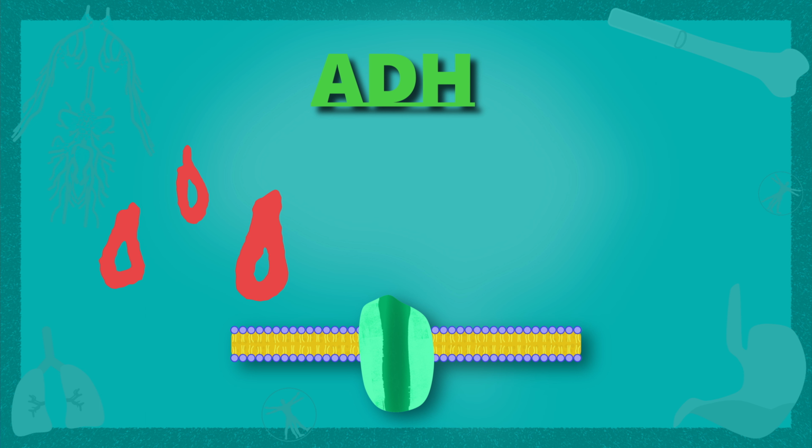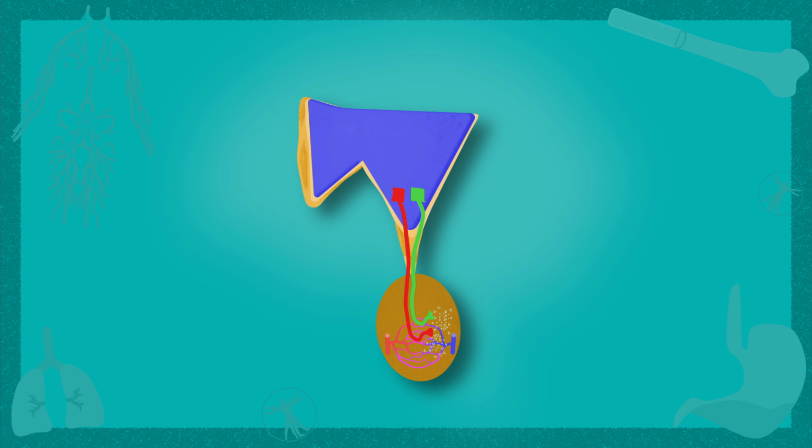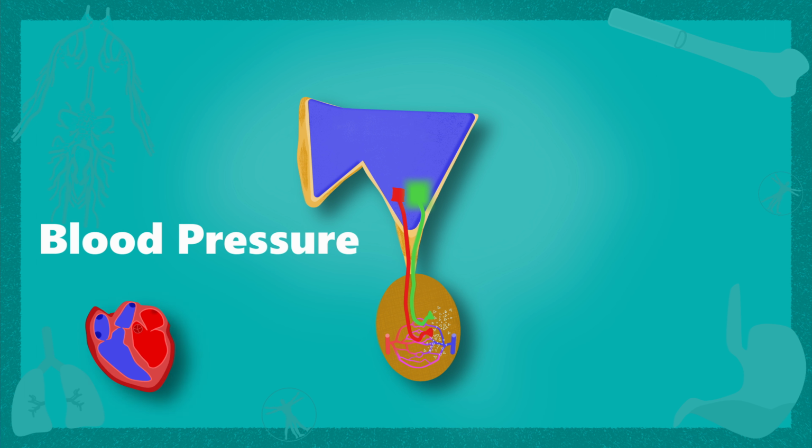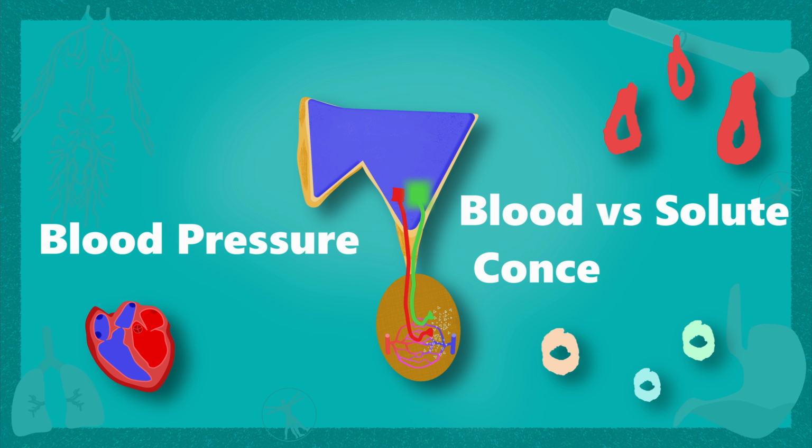ADH is responsible for regulating blood pressure and blood solute concentration. Looking back at the hypothalamus, the supraoptic nucleus monitors blood pressure and plasma osmolality, where plasma osmolality is a measurement of blood to solute concentration.